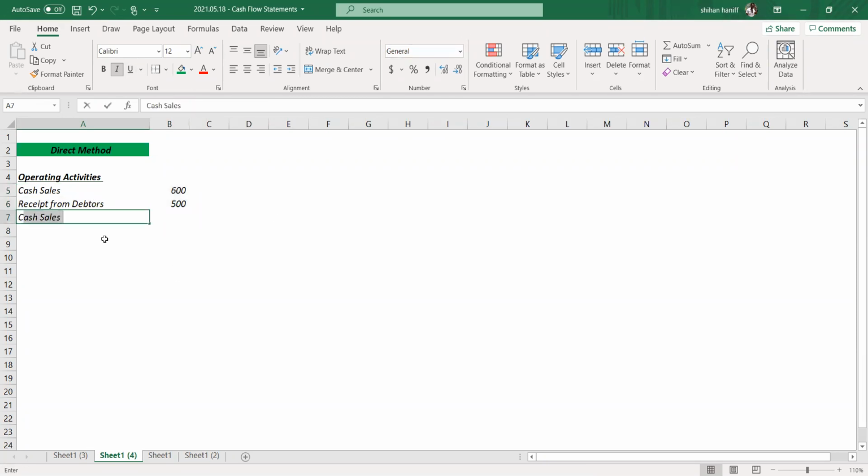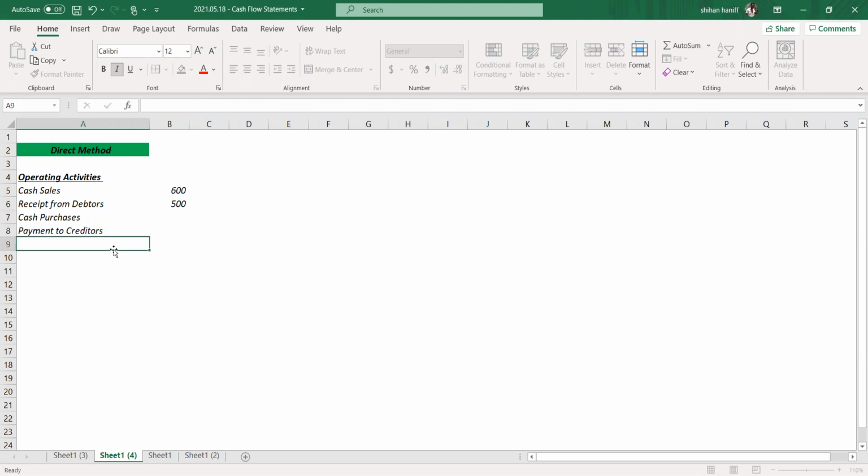Then the cash payments are cash purchases, payment to creditors, and operating expenses. These are deductions.